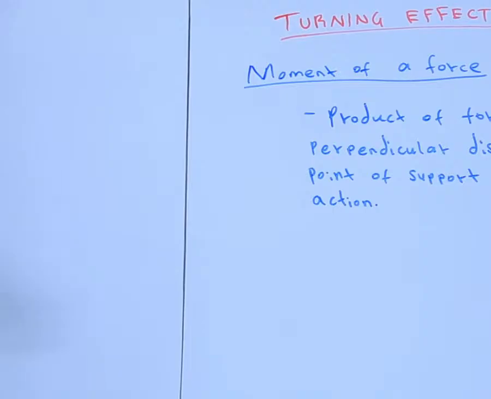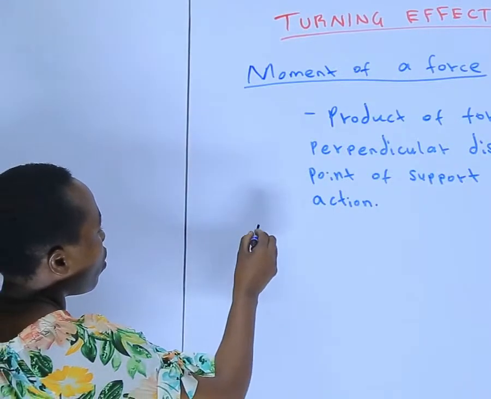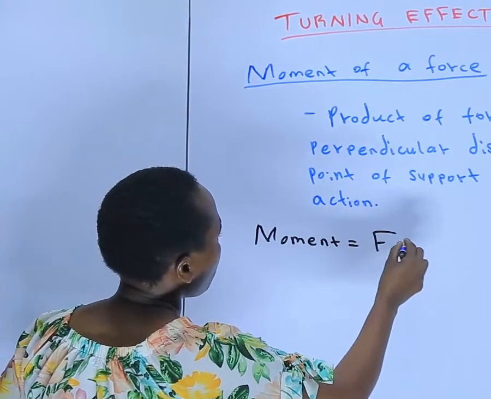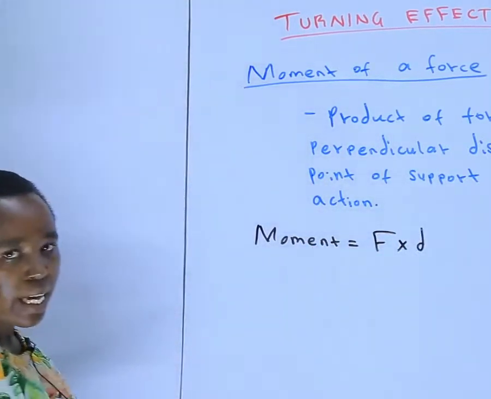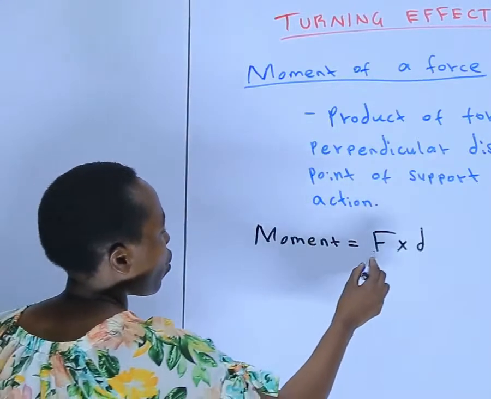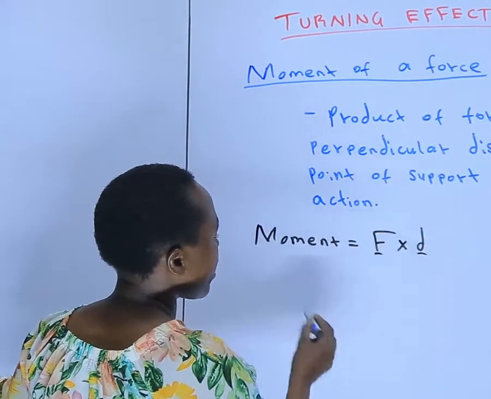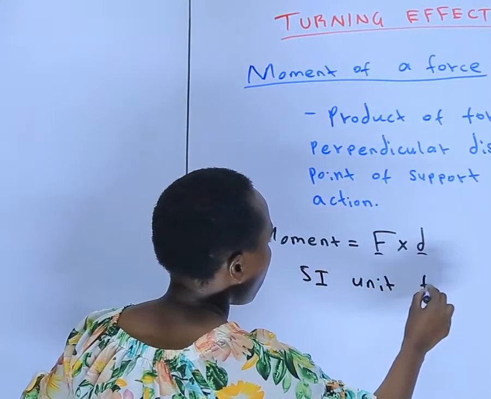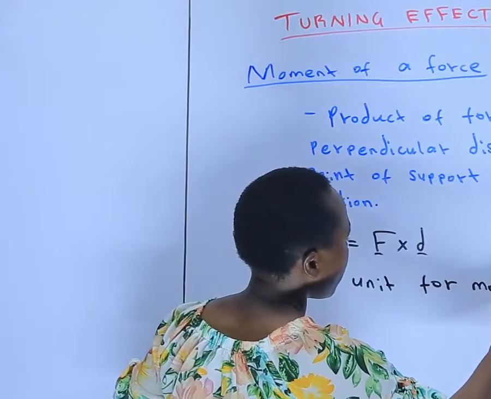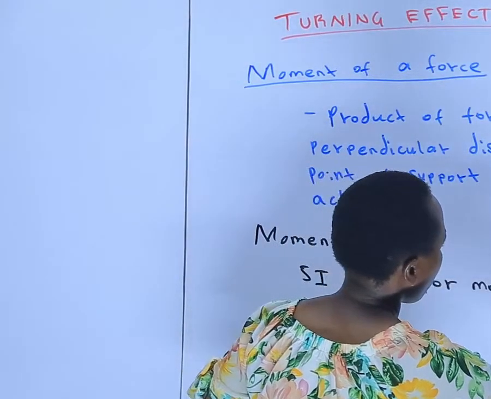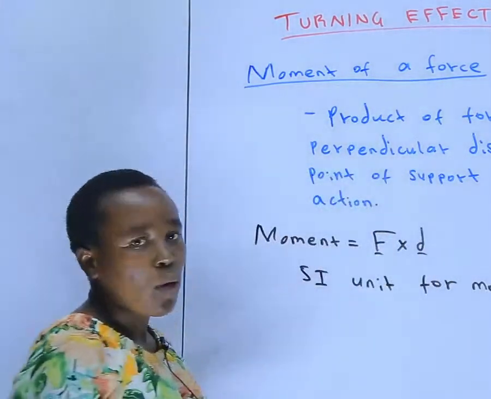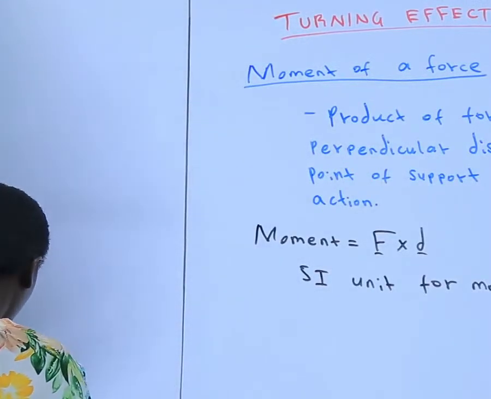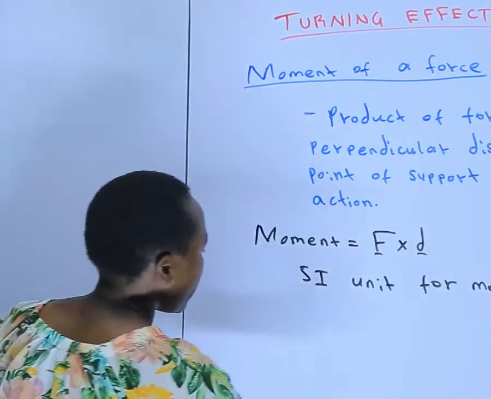And therefore, we were able to write the formula for moment as force multiplied by distance. We said that force should be in newtons, distance in meters, and therefore the SI unit for moment is newton meter. So we want to do some examples on calculation of moment.